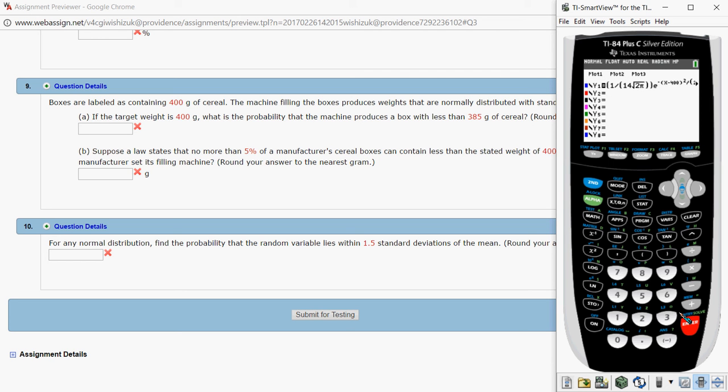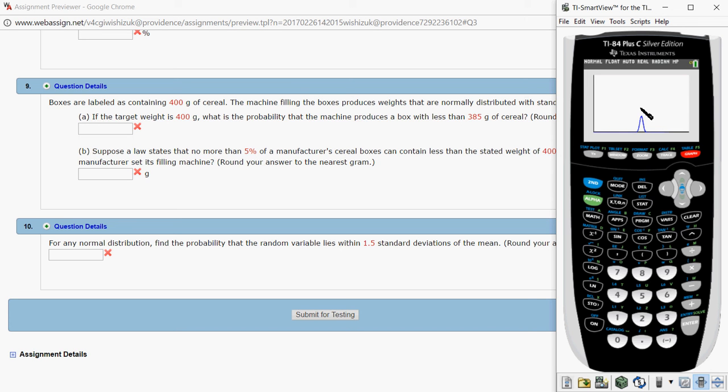Let's change the window so we can see this a little better. 400 is the mean, so I'm going to do 0 to 800 for x, and y min is 0, y max 0.1. Let's graph it.